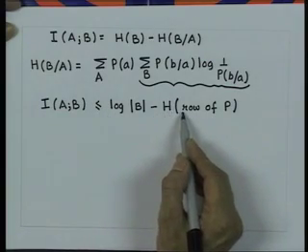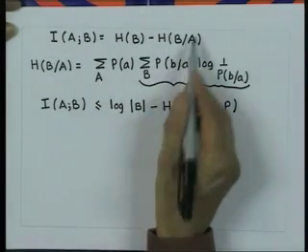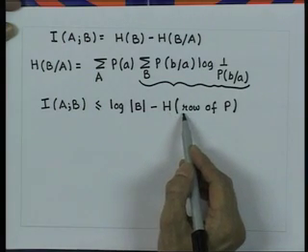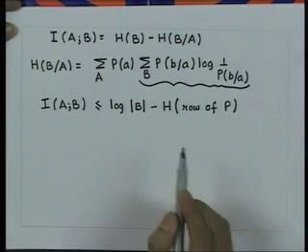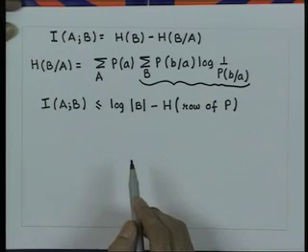And this quantity is H of the row of channel matrix P.